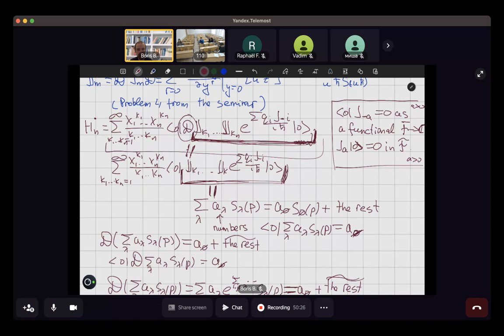We had e to the power a_i J_i e to the power b_i J_minus i, sum, is equal to e to the power sum of a_i b_i, with the order of J minus and J plus changed.